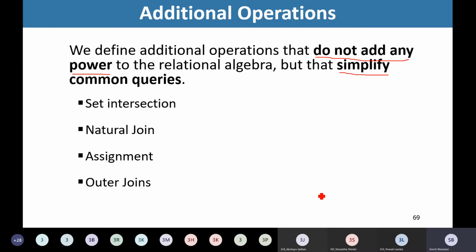But by making use of these additional operations, it is possible for us to simplify writing the queries. So what are these additional operations? These operations are the set intersection operation, the natural join operation, the assignment operation, and the outer joins. We are going to focus on these additional operations now.